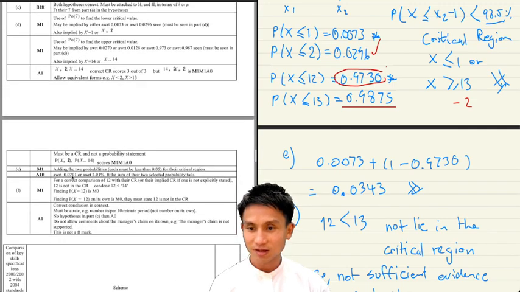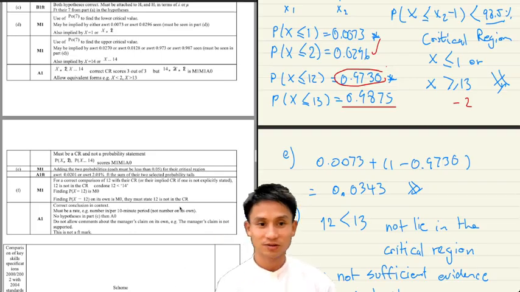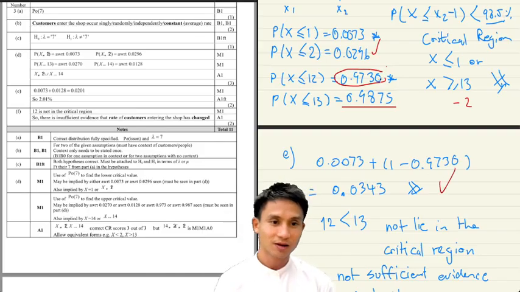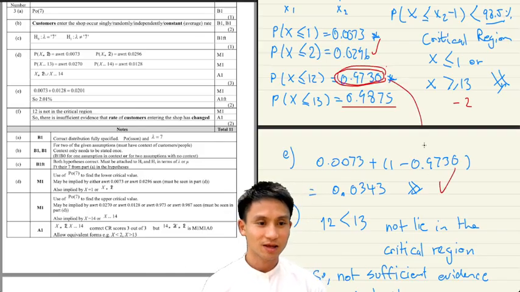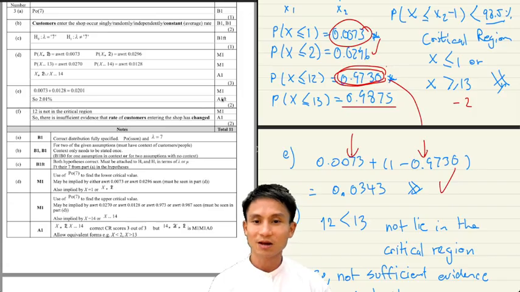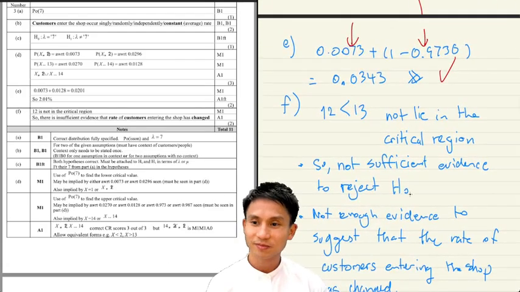FT: award that or that, the sum of their 2 selected probability tails. I'm just going to assume that I get the mark here because I took this and put it here and then added it with this. So that's a follow through mark. Sometimes not allowed, sometimes it is allowed. So you've got to check the mark scheme, if you can.